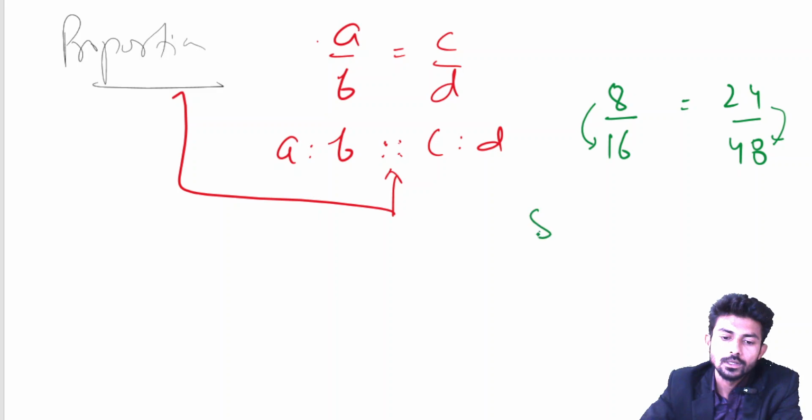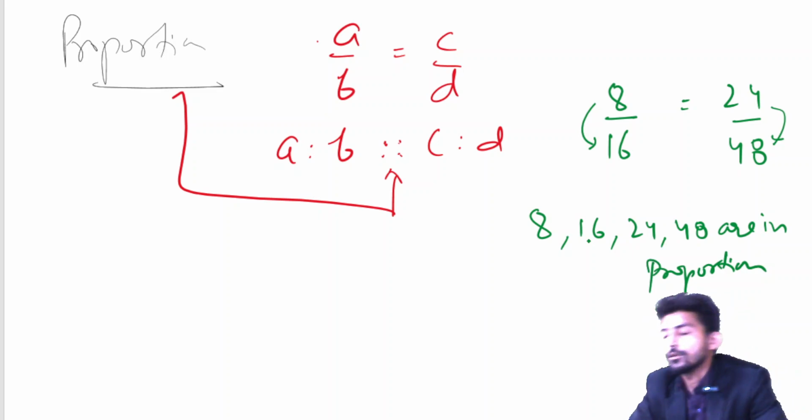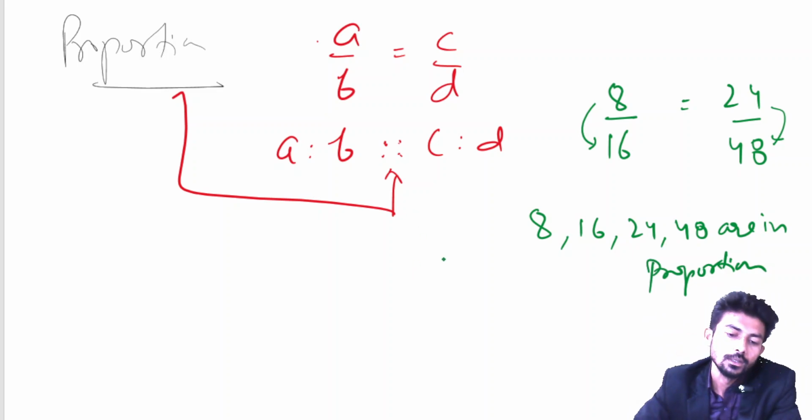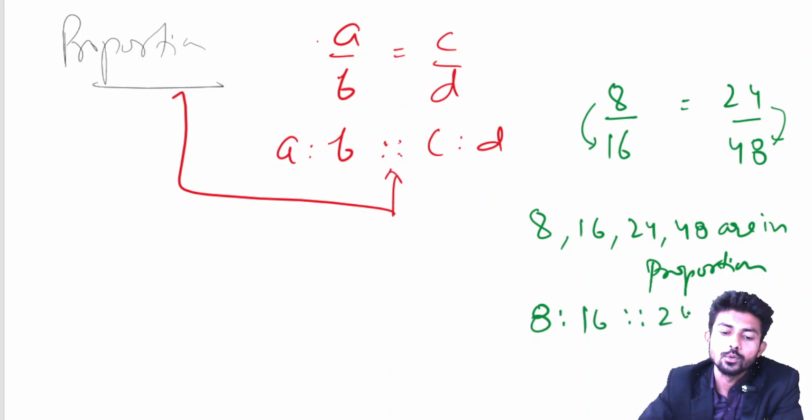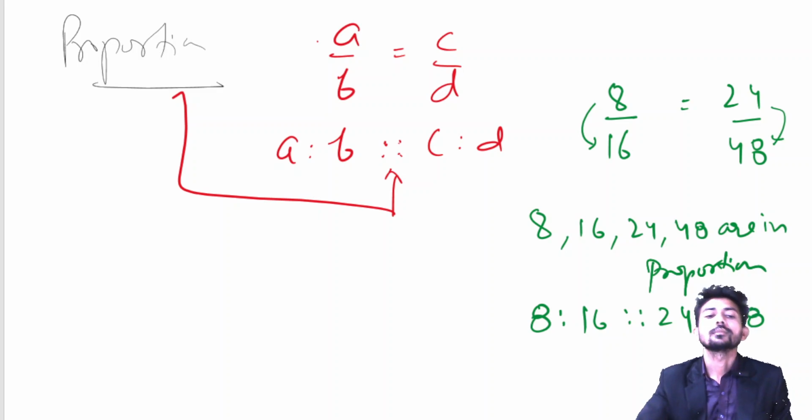So we can say 8, 16, 24, 48 are in proportion. And if we have to write in terms of symbols, then we can write 8 ratio 16 proportionate to 24 ratio 48. So all these four numbers are in proportion.